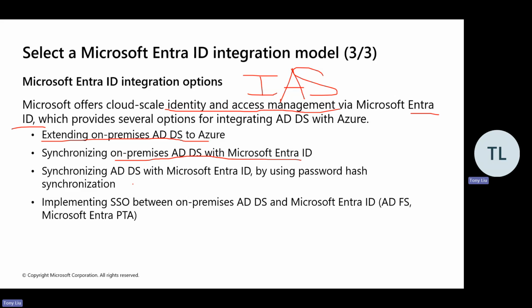Synchronizing ADDS with Entra ID is done using password hash synchronization. The password can be synchronized as well. So if you have an ADDS user and the password is synchronized to the cloud, to Entra ID, using password hash, it implements single sign-on between on-premises ADDS and Entra ID.